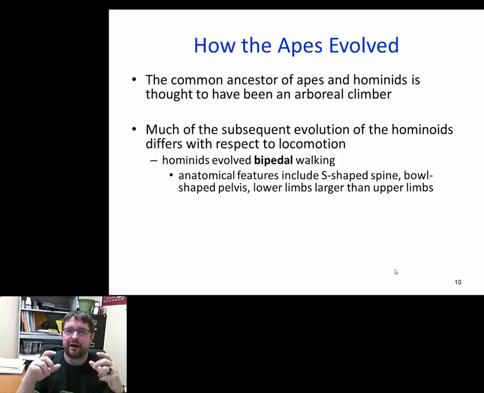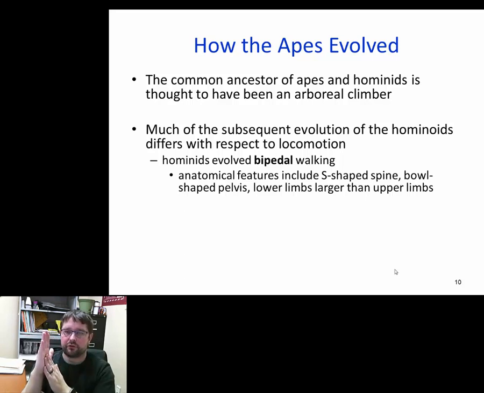You had to have shifts in the actual morphology of the framework that allows for an organism to go bipedal. For example, if you're going bipedal, your hind limbs, our legs, have to be longer than your forelimbs.